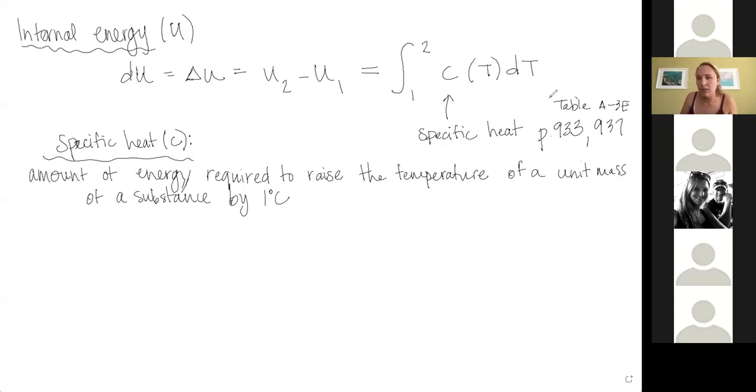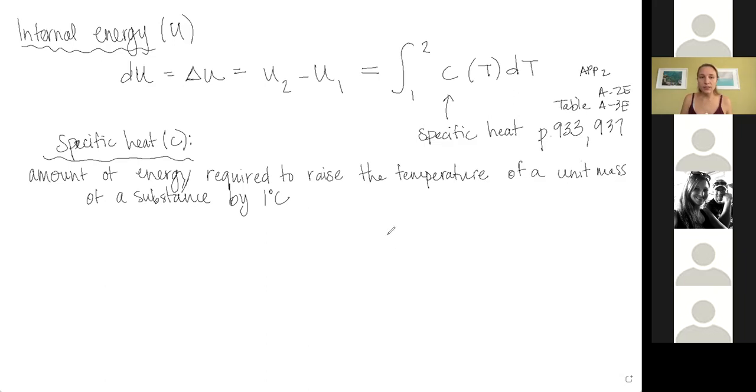So this should be appendix 2, and it should be table A-3E and A-2E. So they might just be a few pages earlier in your book, but they should be there. I would just look for these table numbers and figure out what page those are actually on. But I'm using the 9th edition, so that's kind of strange.